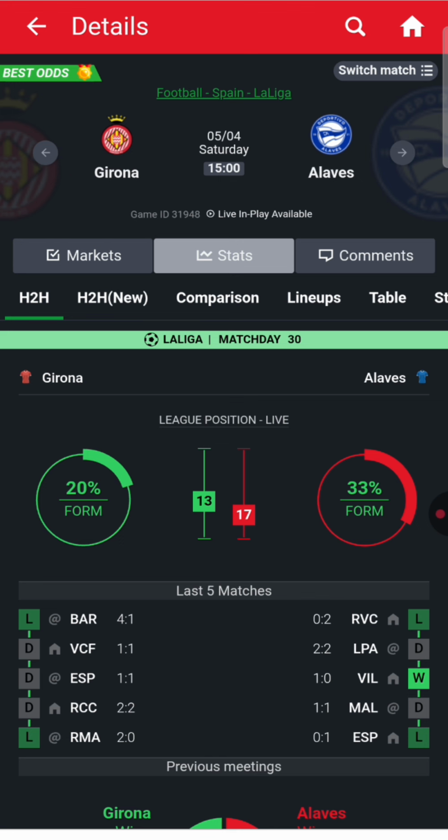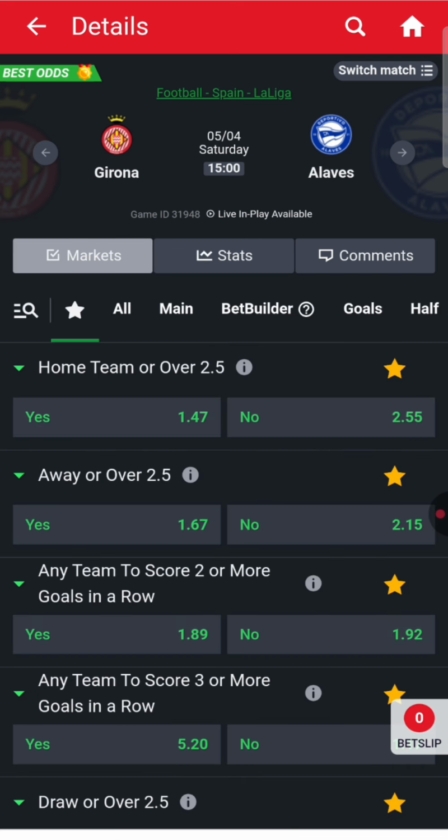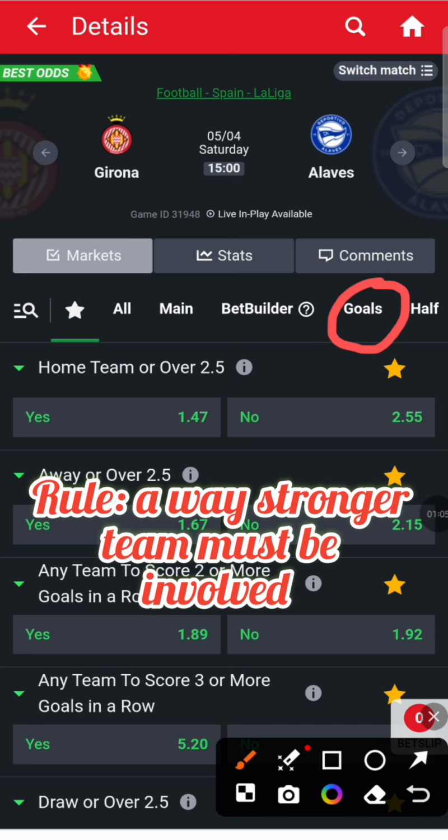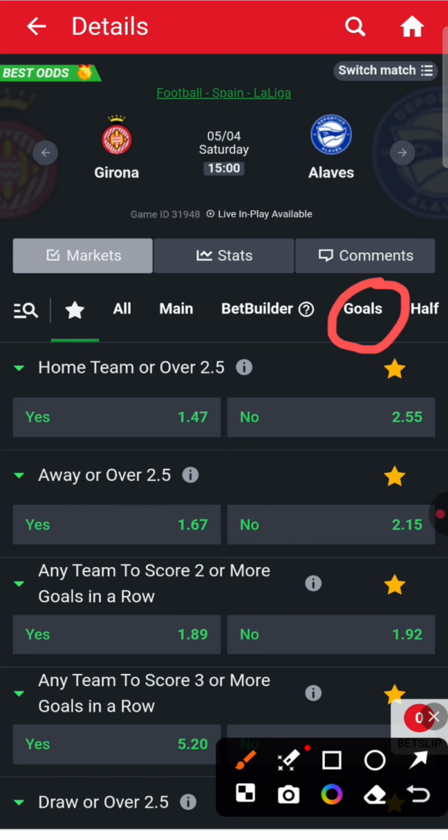So, for example, now this is all about using H2H to determine the goals. And where are the goals? The goals of each. You hear about home over 0.5, away over 0.5, something like that.